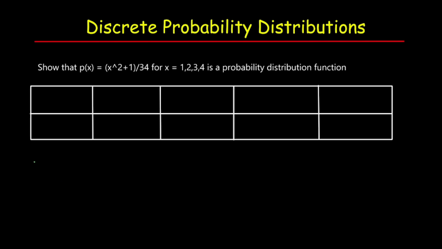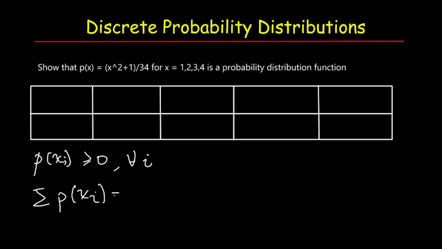First of all, p(xi) must be greater than or equal to 0 for any i, and the sum of all p(xi)'s must be 1 for i equals 1 to n.